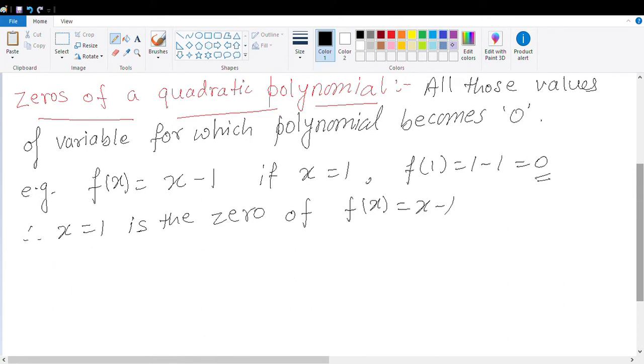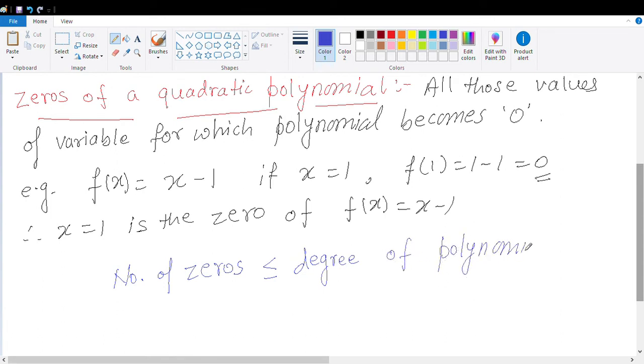Remember one thing here: the number of zeros of any polynomial will be less than or equal to the degree of the polynomial. It cannot be more than the degree of the polynomial. Every time you remember this. For example, here the degree of this polynomial is 1.